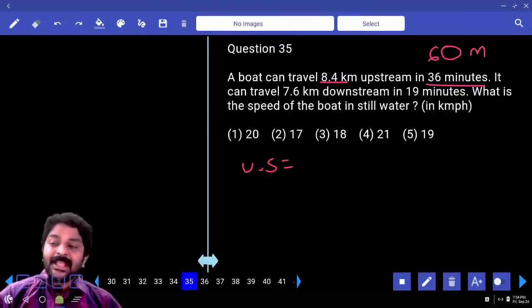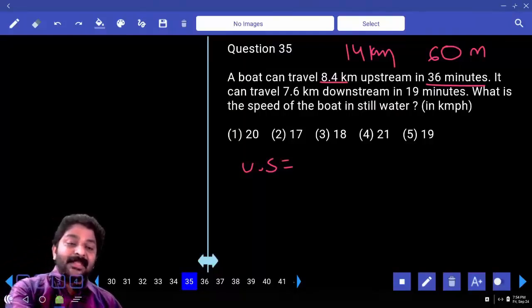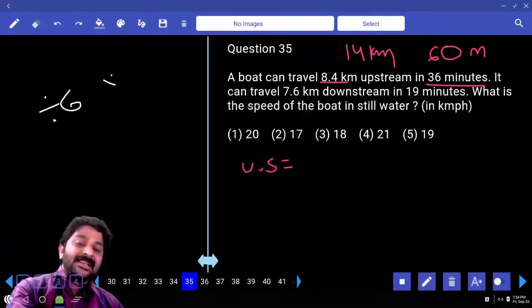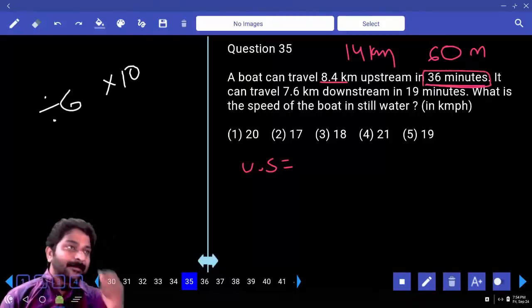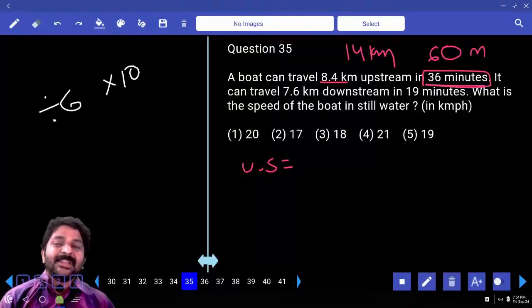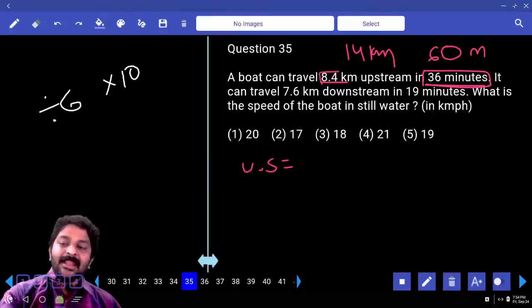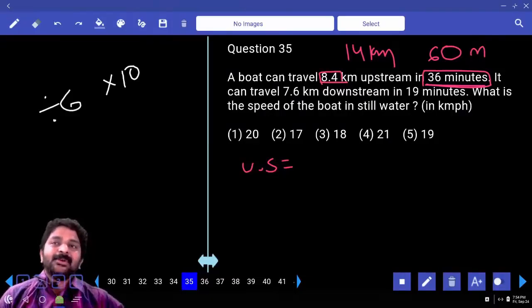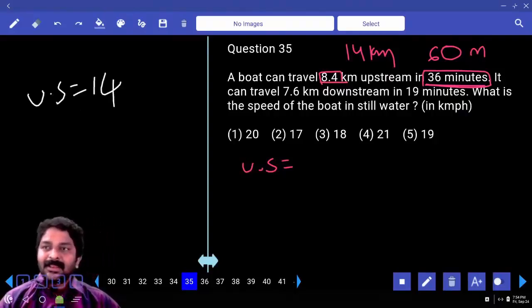Follow the same here: 8.4 divided by 6 is 1.4, into 10 is 14. So that means upstream speed is equal to 14 km per hour only.